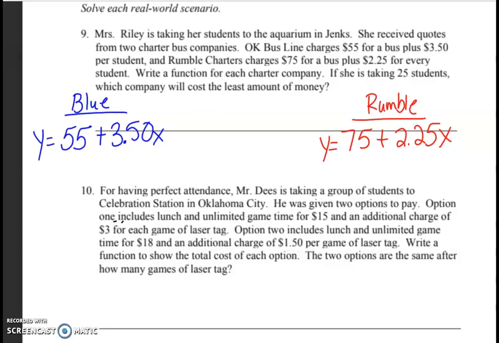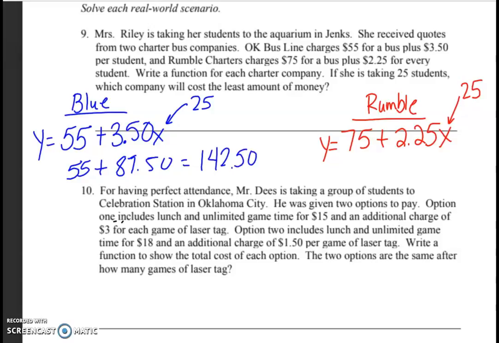Then it says she's taking 25 students. So you're just going to plug in 25 where x goes. It gave you x. It gave you how many students. And then you would solve. So $3.50 times 25 is $87.50. Plus $55 would give you $142.50 to use this company.